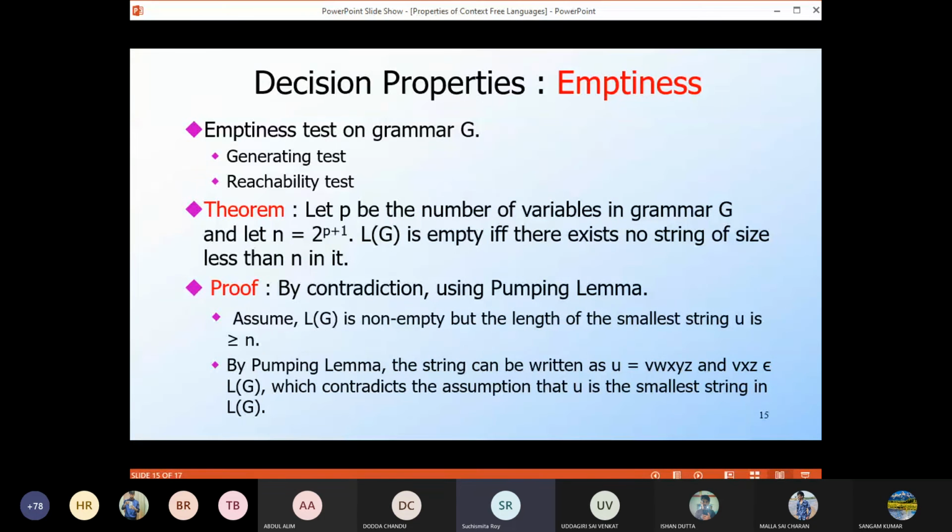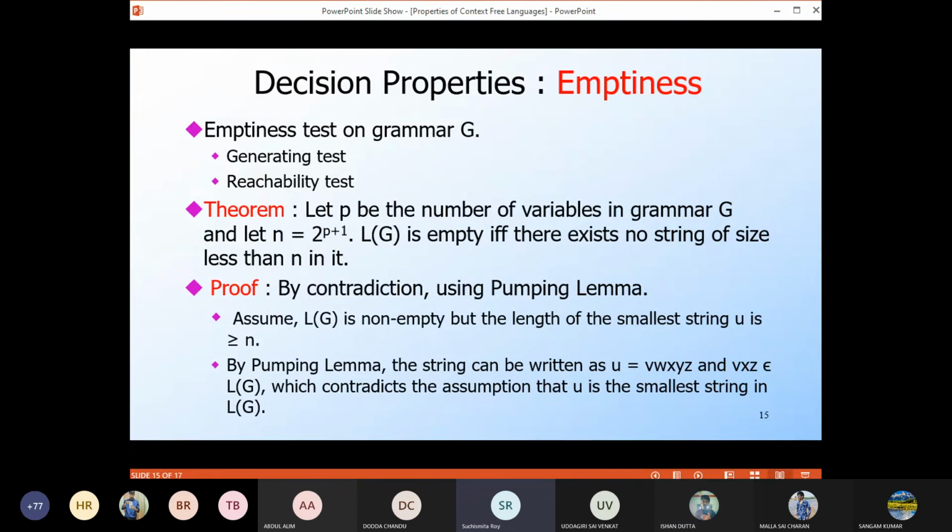Have you studied how to remove useless symbols from a grammar? Yes, ma'am. Okay, so you must have done the generating and reachability tests.